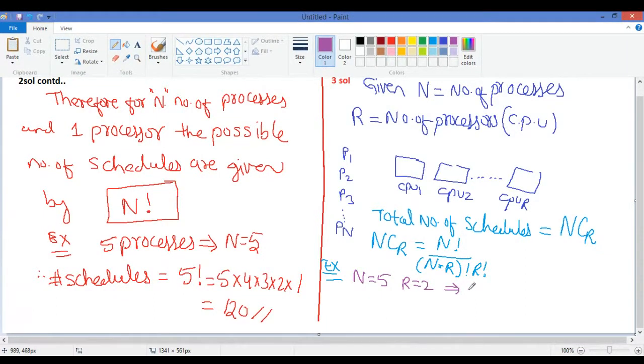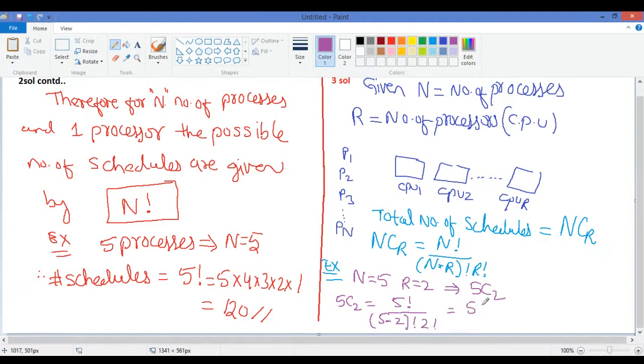So this implies we will get 5C2. So what is the value of 5C2? n factorial by n minus r factorial into r factorial.